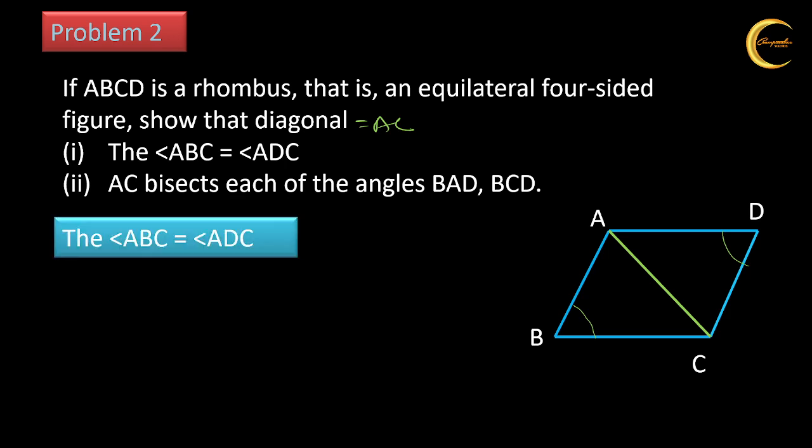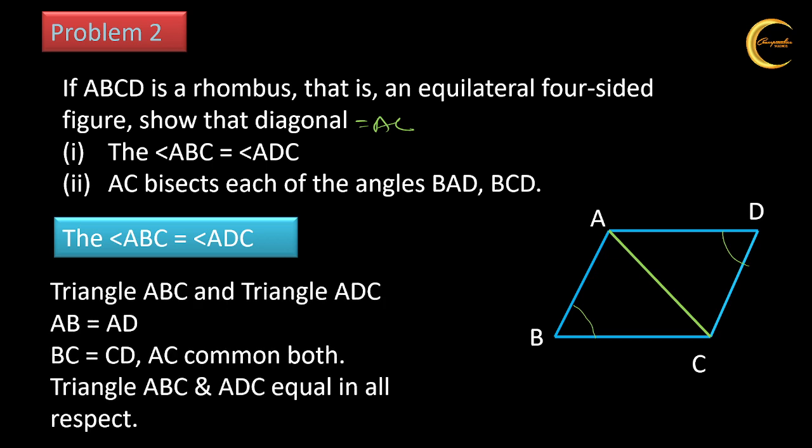Now it is very easy to prove, you just need to use your concept. So this is a rhombus, an equilateral four-sided figure, meaning AB equals BC equals CD equals AD. Now if we see these two triangles, ABC and ADC, we have to prove these two triangles are equal in all respects.